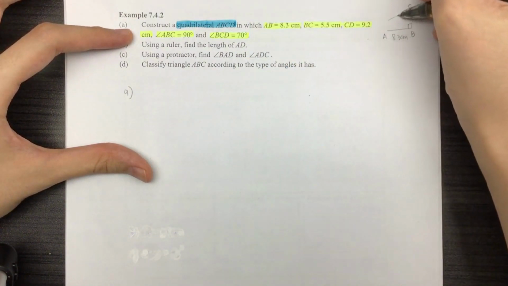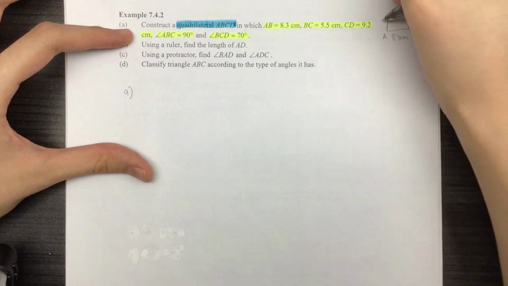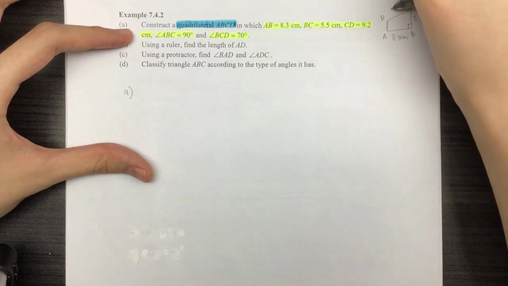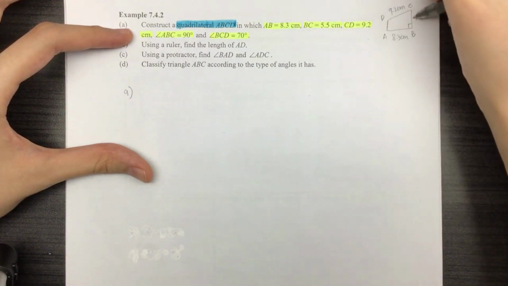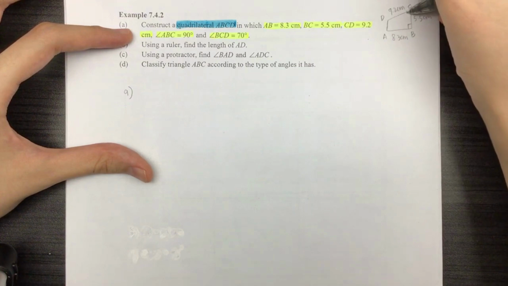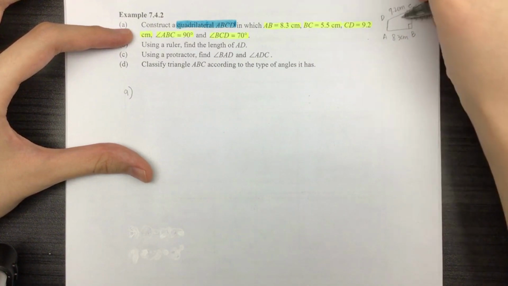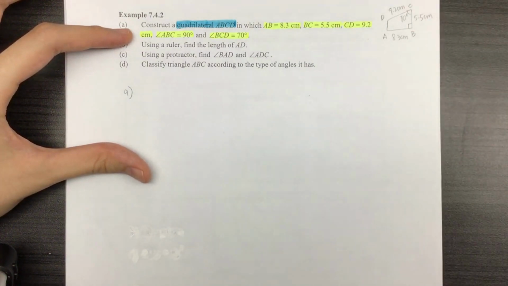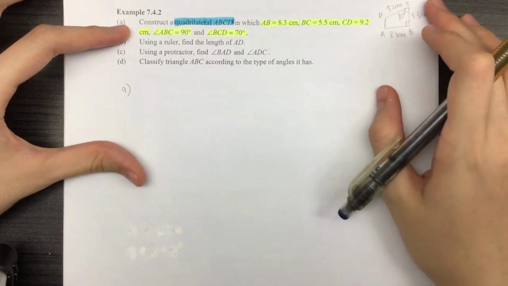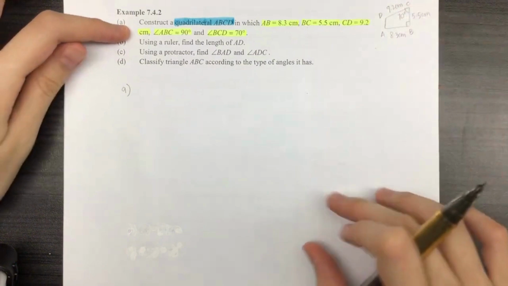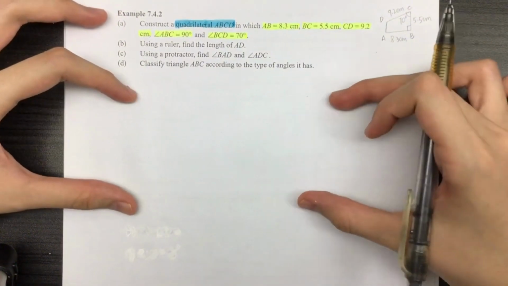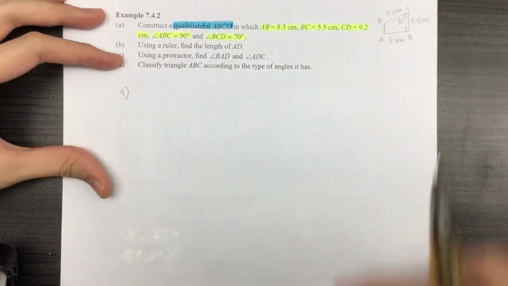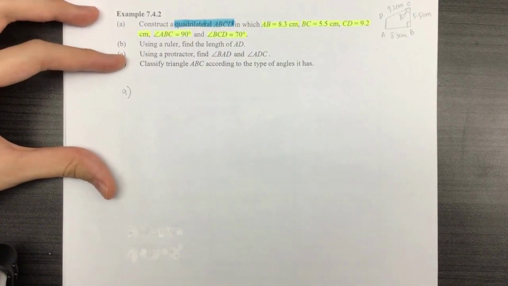So it will look something like that, with D here, and it is 9.2 cm, with this angle BCD to be 70 degrees. So we have sort of drawn out this scaled down diagram. Now we will actually draw the actual diagram with the correct dimensions.